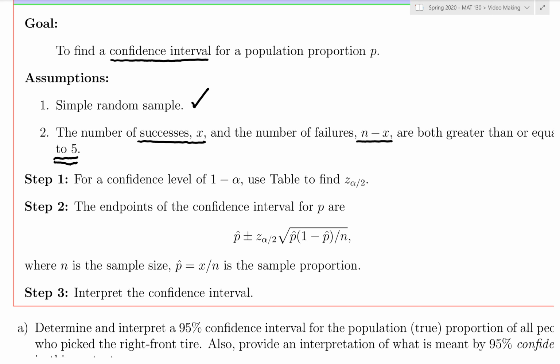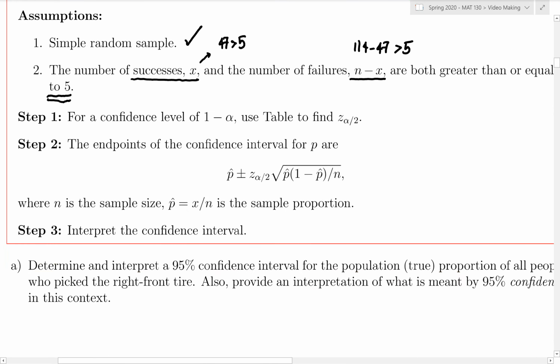In this example, successes would be front right tires. A front right tire we said was 47, so that's bigger than 5, and n minus x, which is 114 minus 47, is bigger than 5 as well.